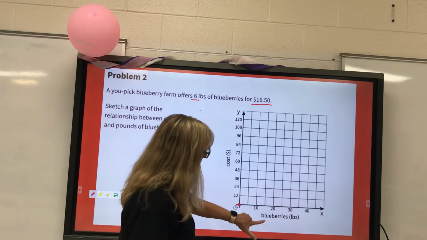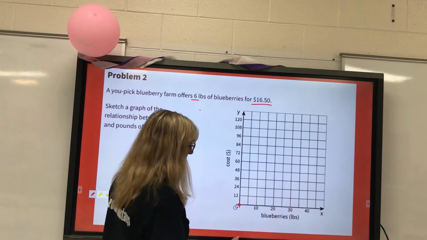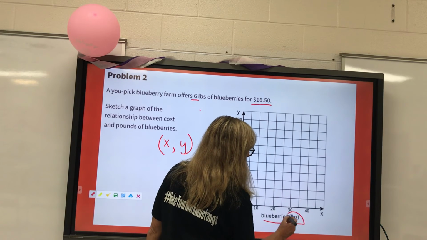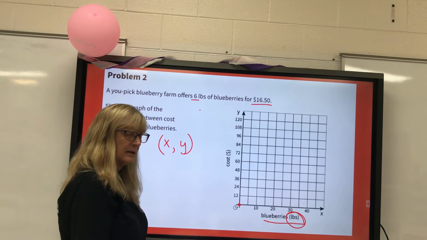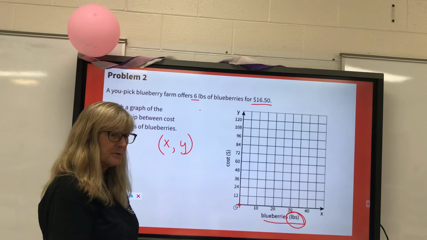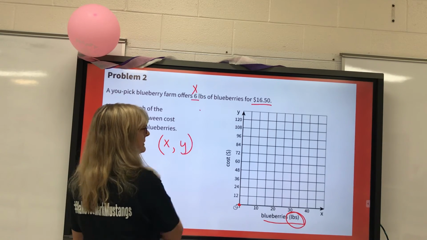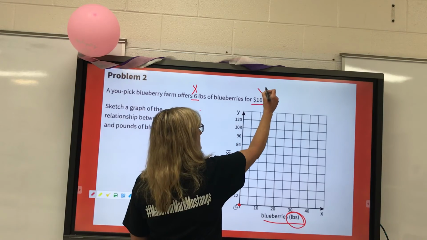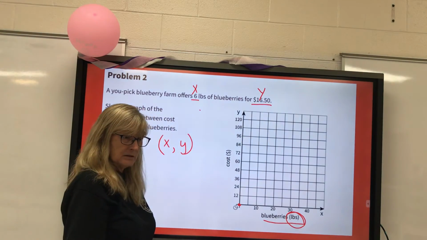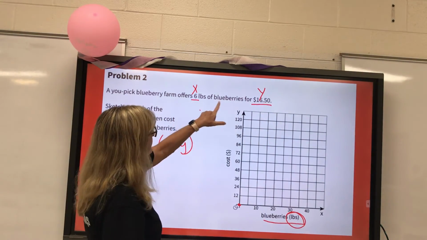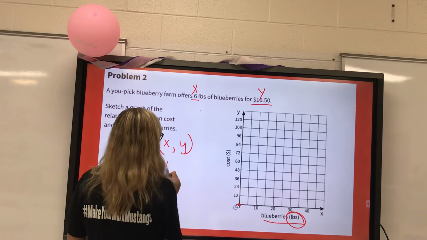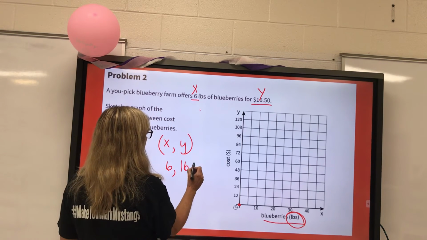Well, come down here. What is the x-axis representing? The pounds, okay? So, is this our x and this our y? Yes. Okay, so we're going to plot 6 comma 16.5.